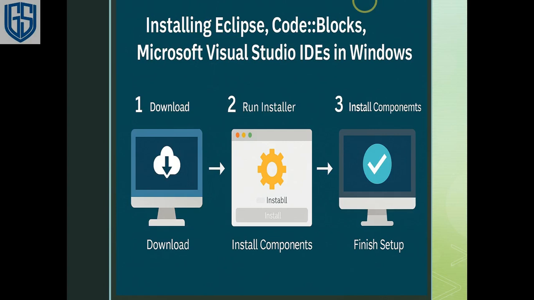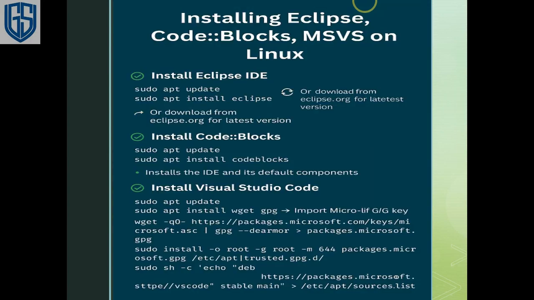So now we have installed all the IDEs: Microsoft Visual Studio, Code::Blocks, Eclipse. If you want to install in a Linux environment, you can follow these commands. Open the terminal in Linux, then type this sudo apt update command, and then sudo apt install eclipse for installing Eclipse.